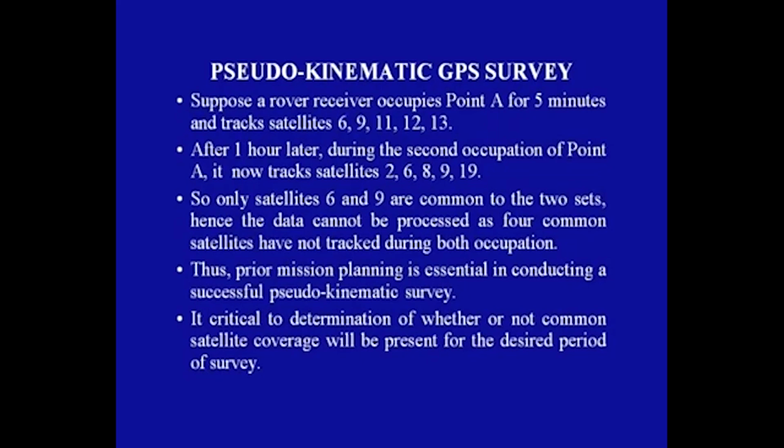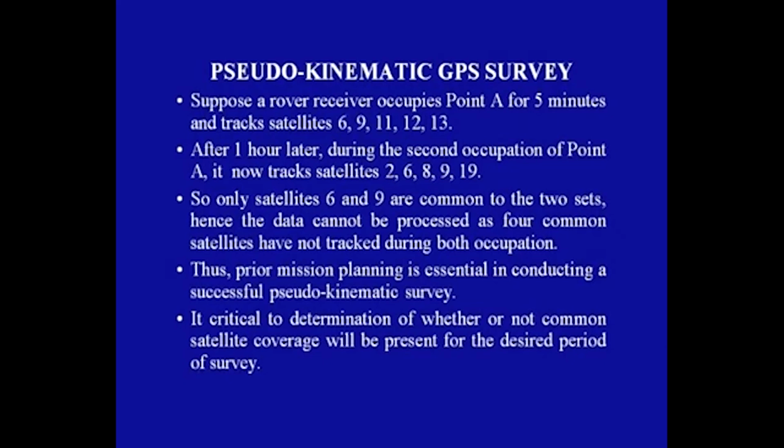Suppose a rover receiver occupies point A for 5 minutes and tracks satellites 6, 9, 11, 12 and 13. After 1 hour, during the second occupation of point A, it now tracks satellites 2, 6, 8, 9 and 19.